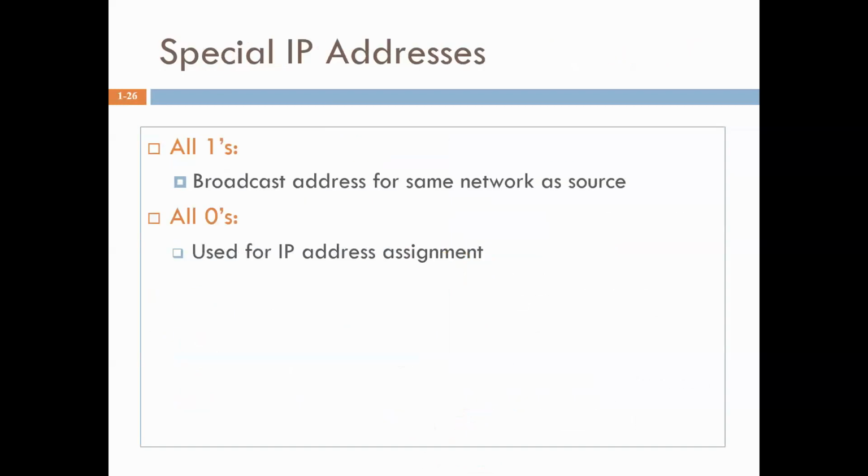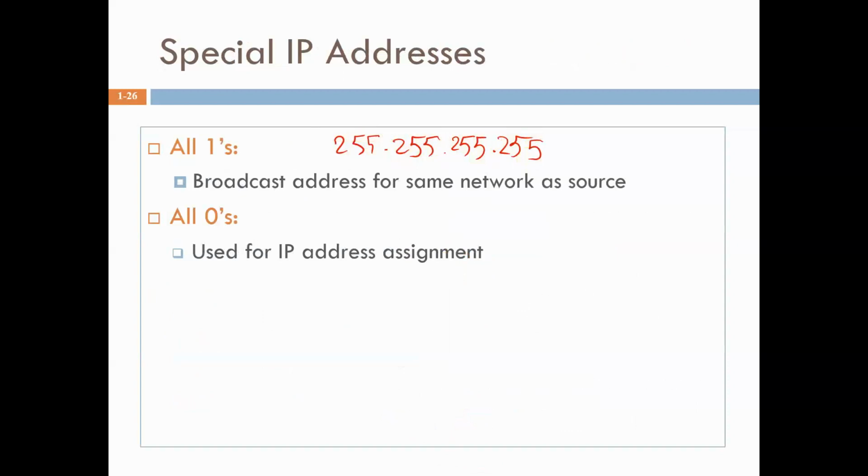There are special IP addresses that are reserved for particular use, and they cannot be assigned to an individual host. For example, the all ones IP address, that is 255.255.255.255. This is an IP address that cannot be assigned to any host.